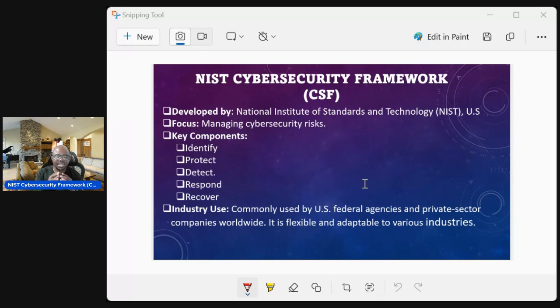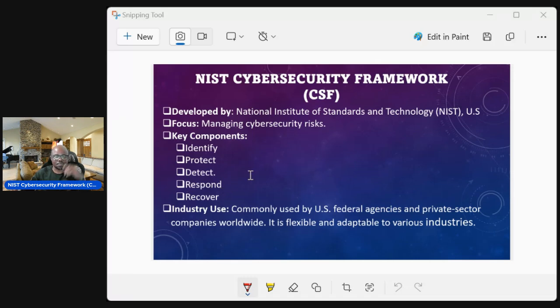Now, under the CSF framework, there are tiers. So NIST CSF provides 4 implementation tiers that describe the degree to which an organization's cybersecurity practice aligns with the framework. The tiers are used to help organizations assess their current cybersecurity maturity and determine the desired future state. So let's look at the tiers.